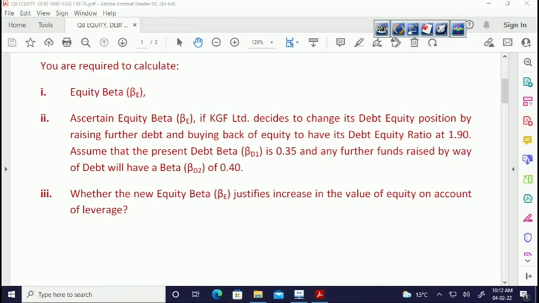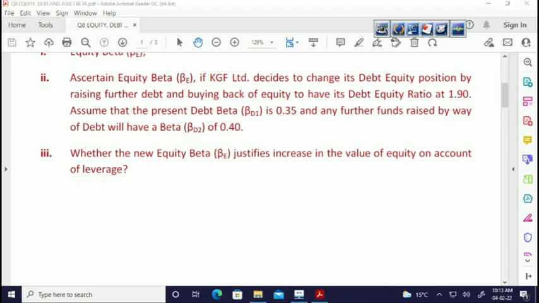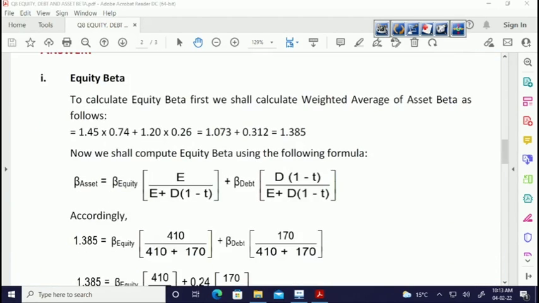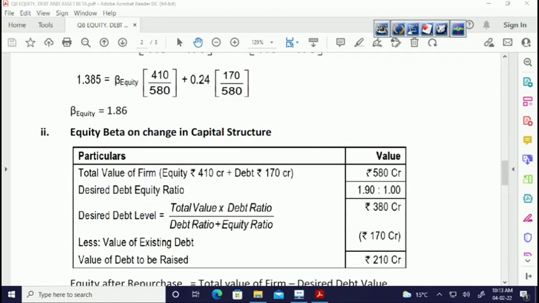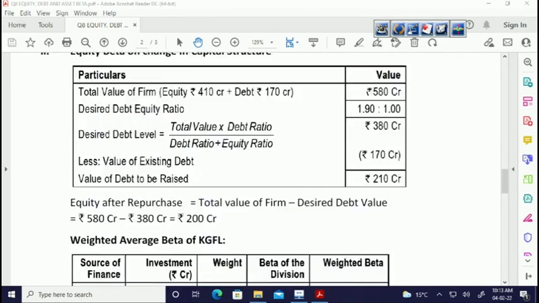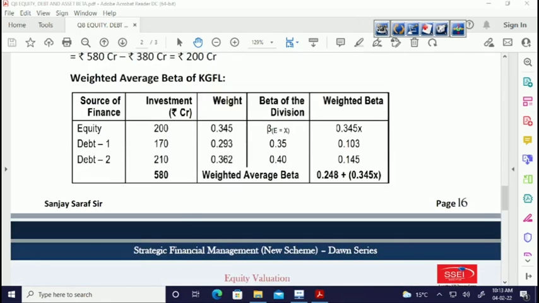Now, let's look at the third part. This is the stupidest question that can come in the exam. Whether the new equity beta, okay, let's check what new equity beta they got, because they calculated earlier equity beta was 1.86, but they used more leverage, so equity shareholders are bearing more financial risk, and the equity beta must have been higher.